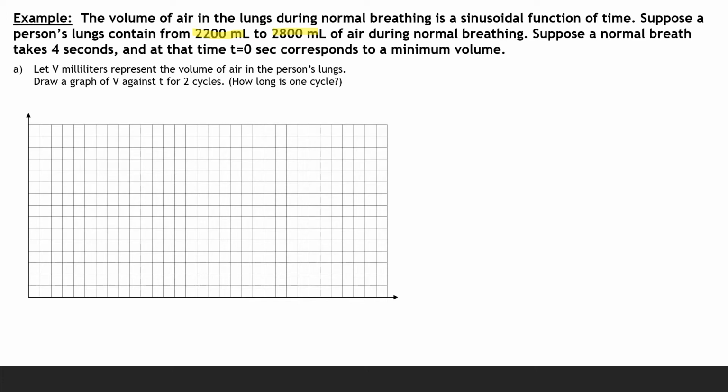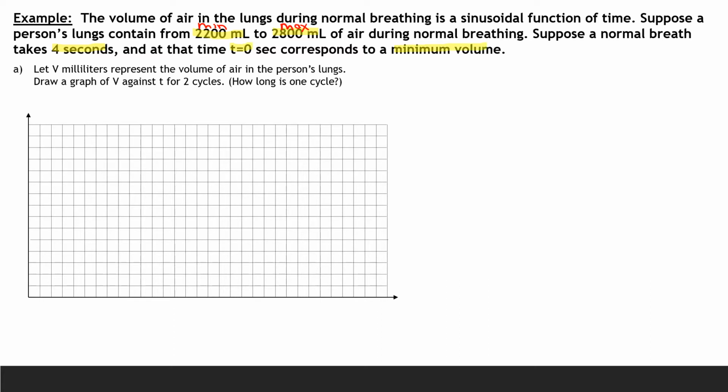So let's label that. The first number is the minimum, and the second number is a maximum. So that's helpful. And then the next clue we have here is a normal breath takes 4 seconds, and t equals 0 is minimum volume.